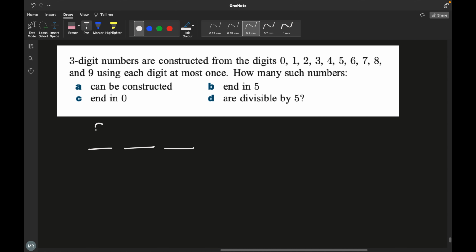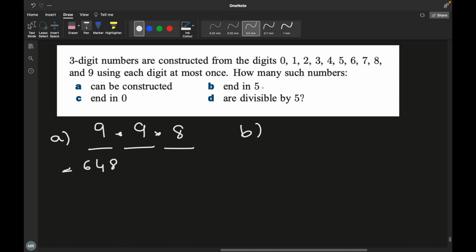And therefore, this can be filled in 9 ways. And this can also be filled in 9 ways, because it can be occupied by 0. And this is going to be 8. So 9 into 8 into 9, that is going to be 648. So that's the answer for A.